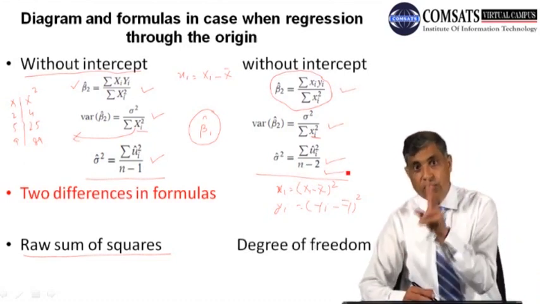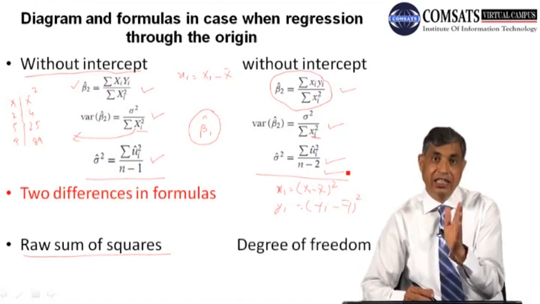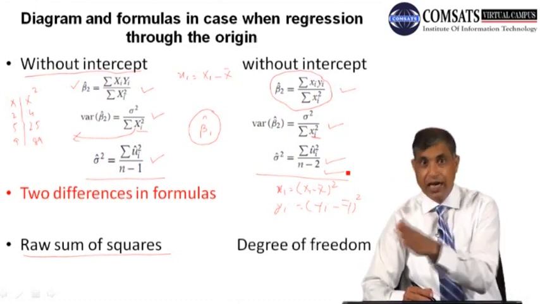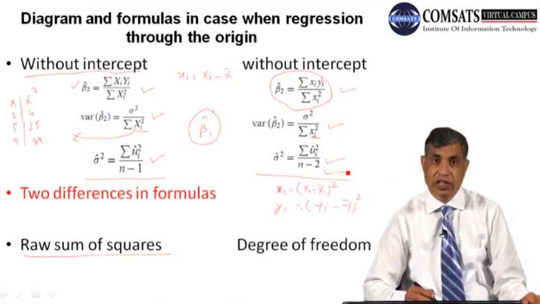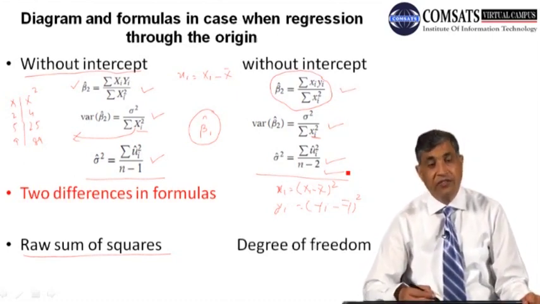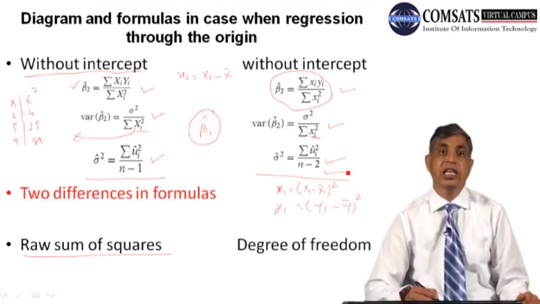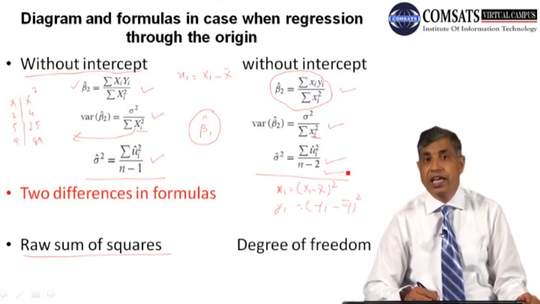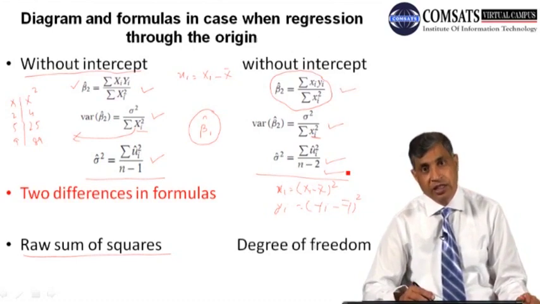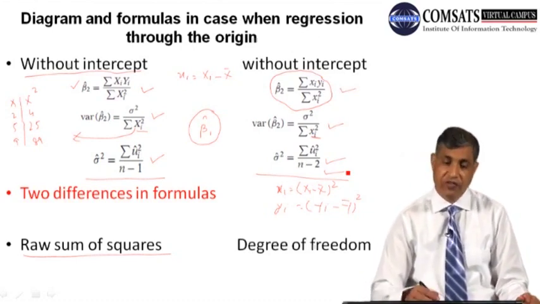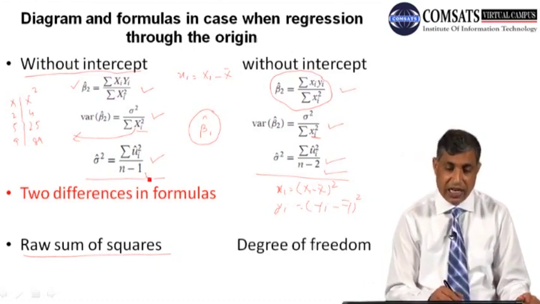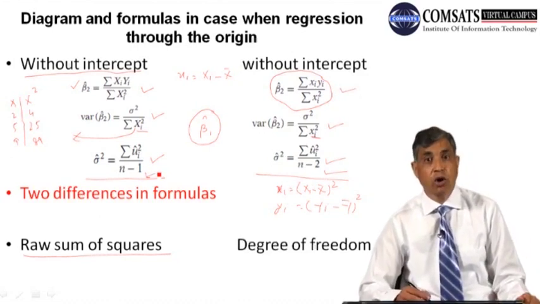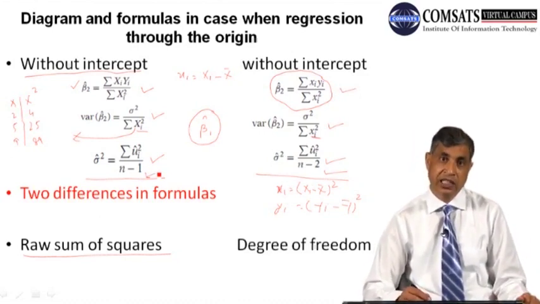Because on this side we have two parameters: the regression with intercept beta 1 and the slope beta 2. So the degree of freedom is simply n minus k, where k is the number of parameters to be estimated. So if it's n here, the number of parameters is 2, so we have written n minus 2. And if you look here, this is n minus 1 because now beta 1 is not present in the model, and the degree of freedom changes.